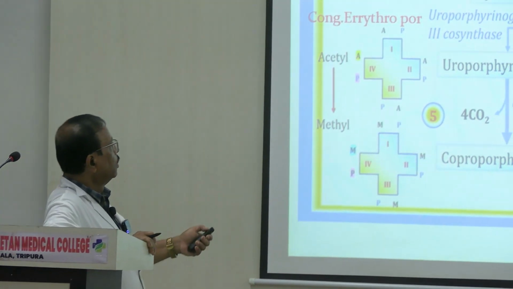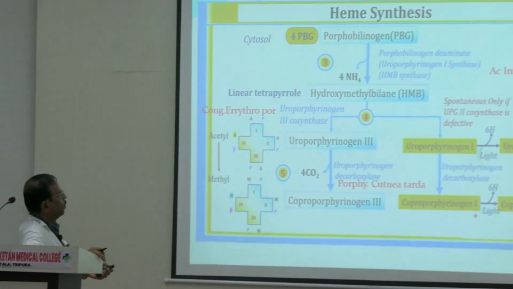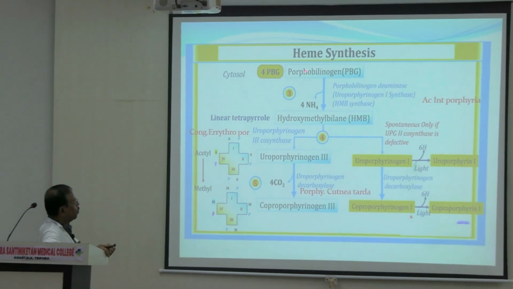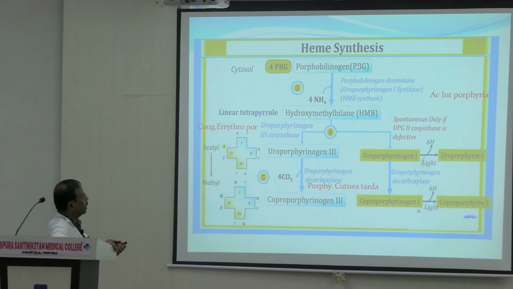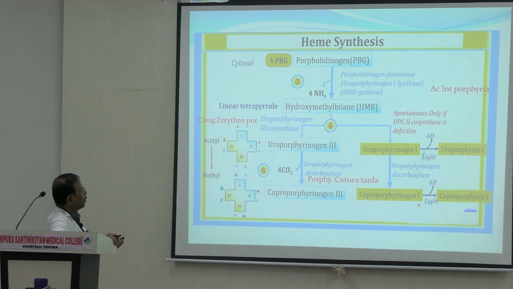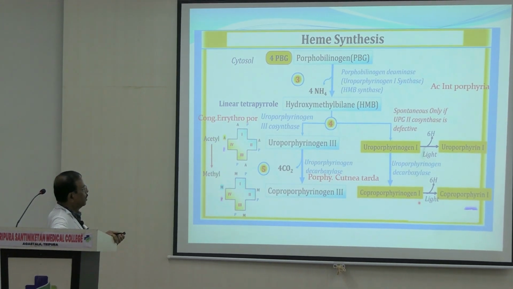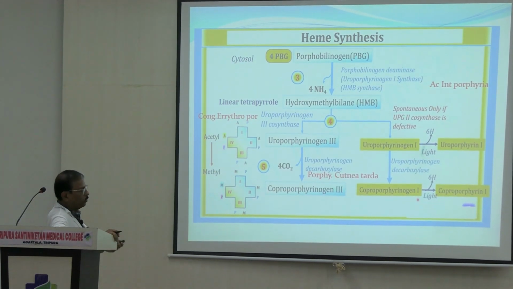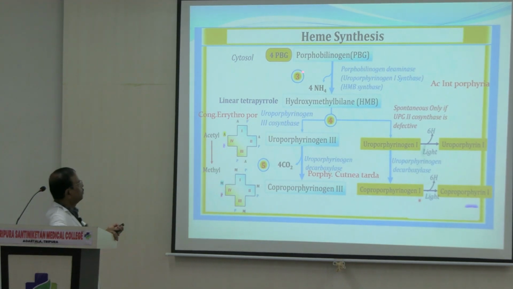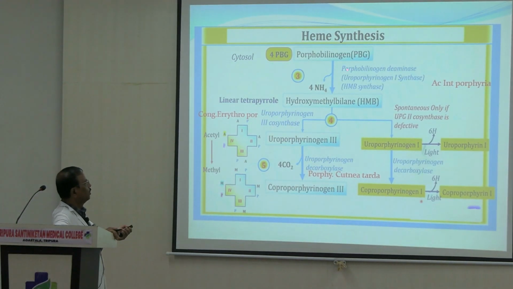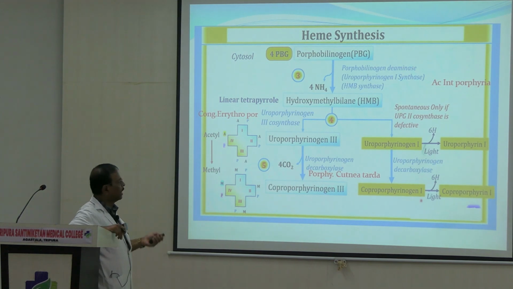Now, 4 molecules of porphobilinogen are converted into hydroxymethylbilane. 4 molecules of ammonia are released. The enzyme responsible for this is porphobilinogen deaminase.